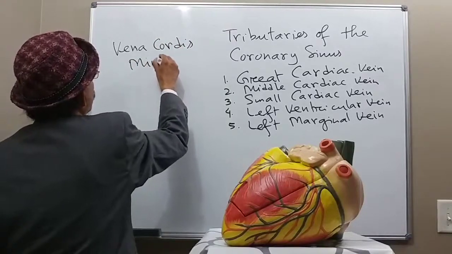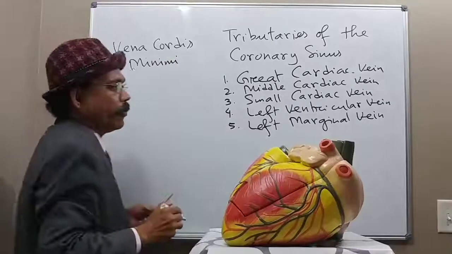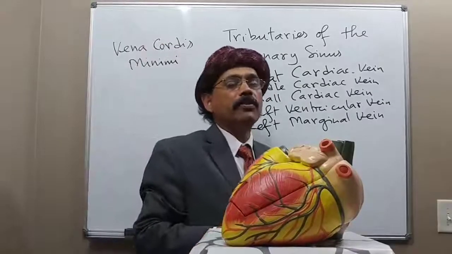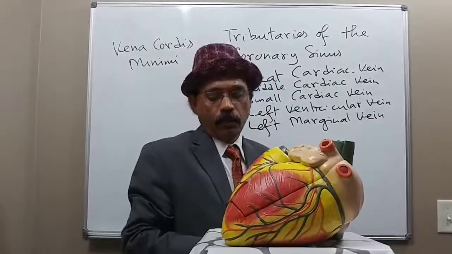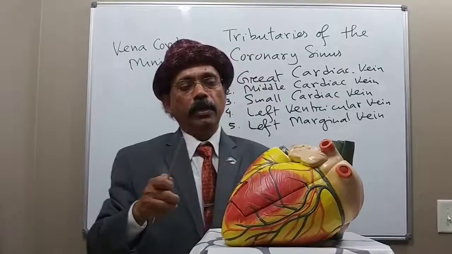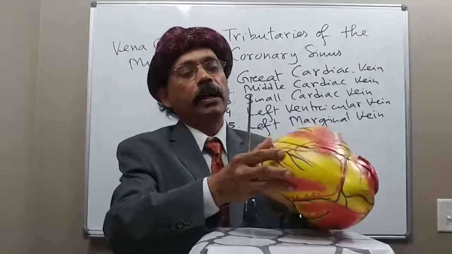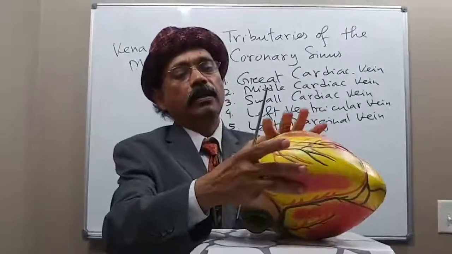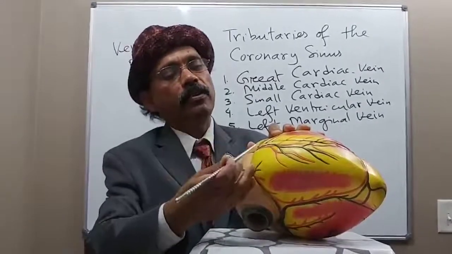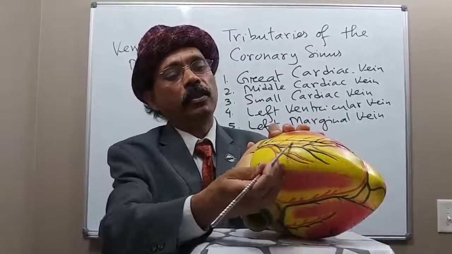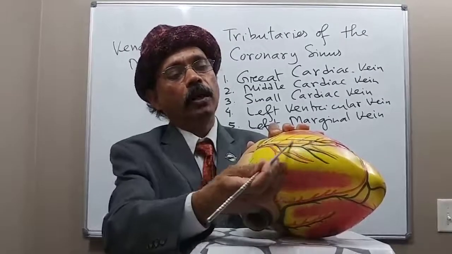These are small veins that may open into any chamber of the heart. Okay, we have another vein we need to mention, that is the marginal vein. We can call it right marginal vein. This is the right marginal vein that passes along the inferior border of the heart.